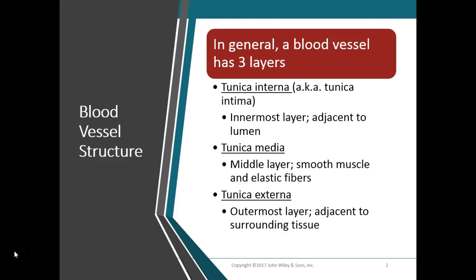The inner part of the tunica interna is an endothelial layer, and it is also a very smooth, very slick layer that's continuous with the endocardial lining of the heart. Remember when we talked about the heart, I said the endocardium is continuous with the lining of the blood vessels. So now we're looking at the lining of the blood vessels, and it is continuous with the endocardial lining of the heart, right?